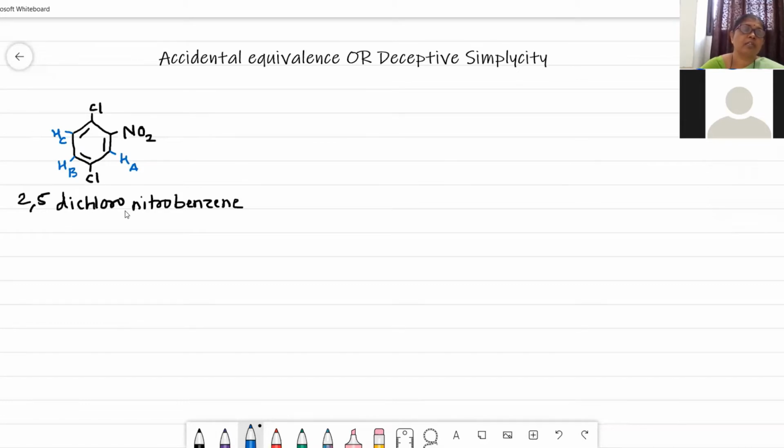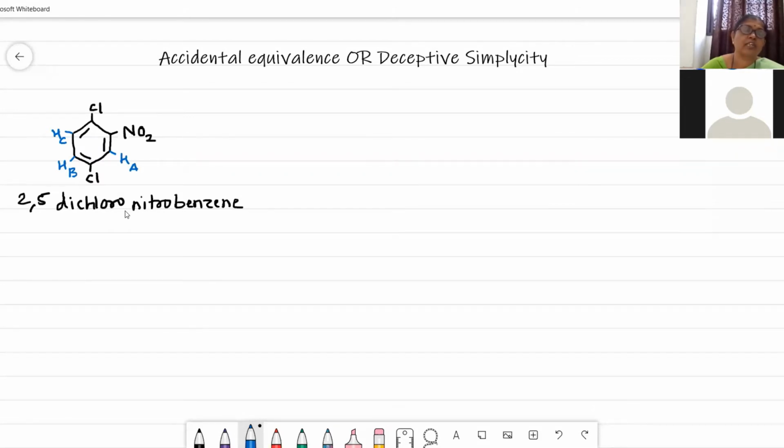In this example, proton B and C, although they are chemically non-equivalent, because for HC proton, the nitro group is at meta position, but for HB type of proton, the nitro group is at para position. Therefore, proton B and C are chemically non-equivalent.